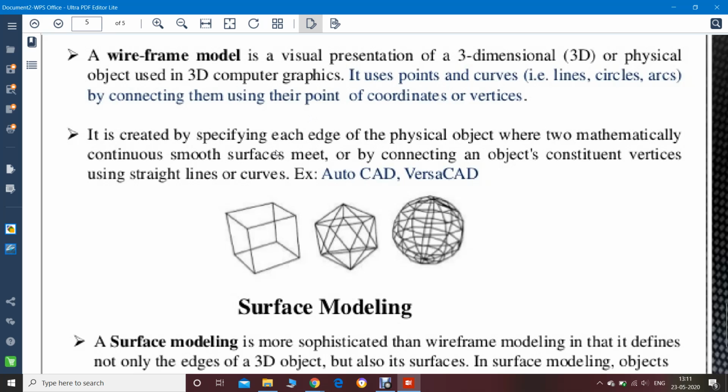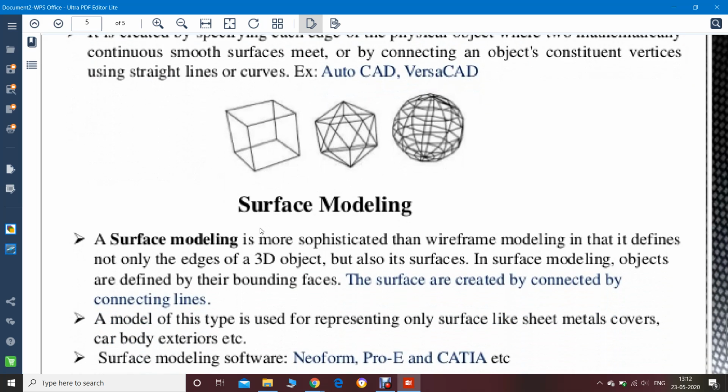It is created by specifying each edge of the physical object where two mathematically continuous smooth surfaces meet, or by connecting an object's constituent vertices using straight lines or curves. For example, AutoCAD and VersaCAD.